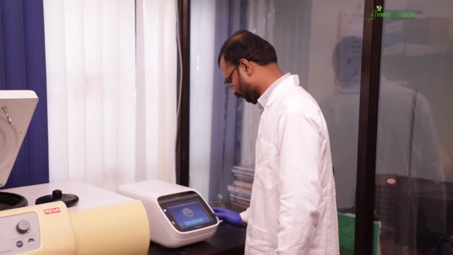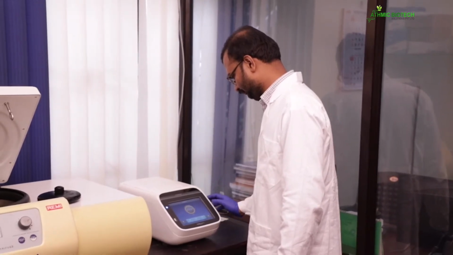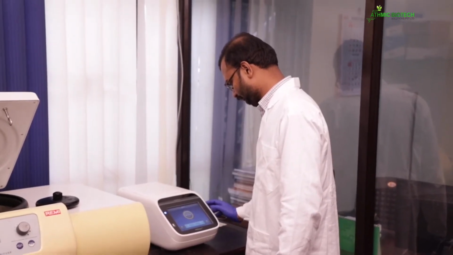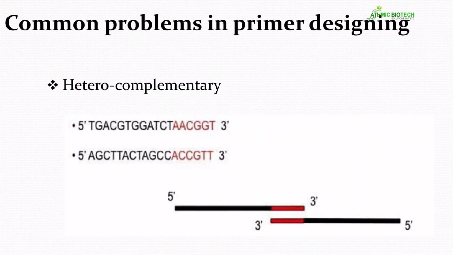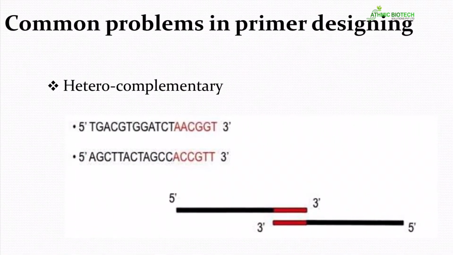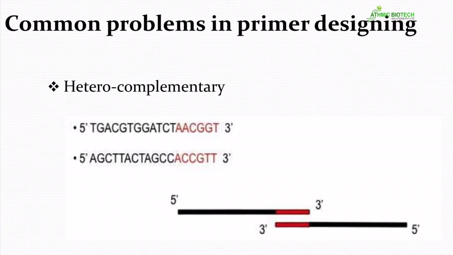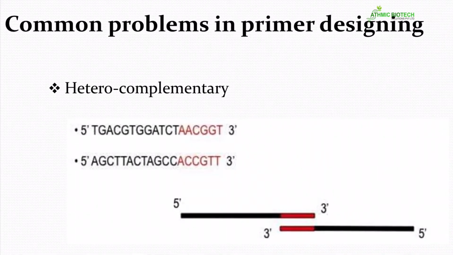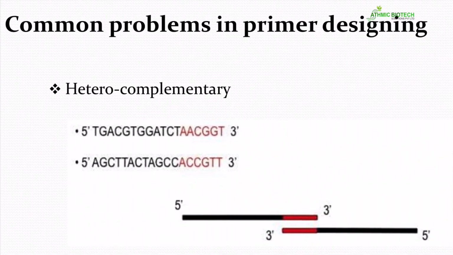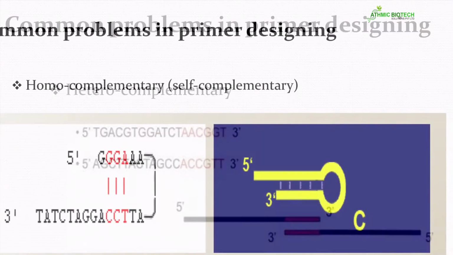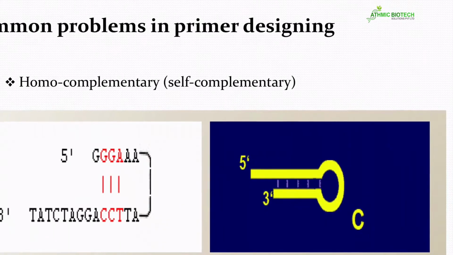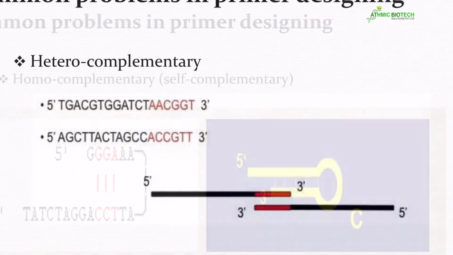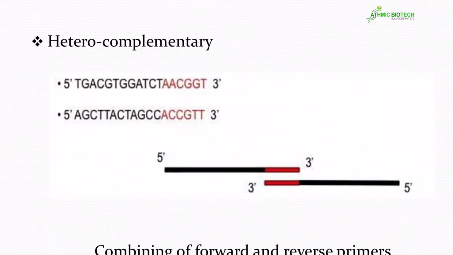Second is heterocomplementarity. I have told you two primers are there, forward and reverse. Sometimes the forward and reverse primers will form hydrogen bonds and form secondary structures, and this is called heterocomplementarity. These two things, homocomplementarity and heterocomplementarity, should be minimal in order to generate a good primer.